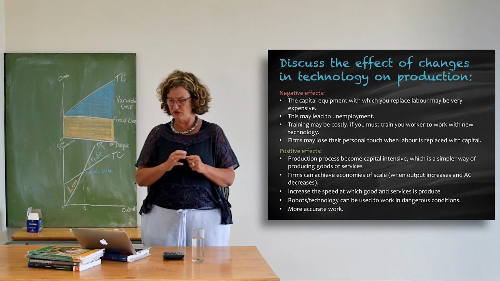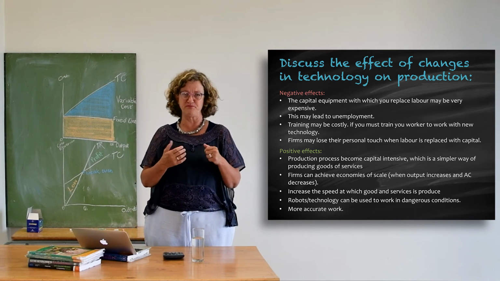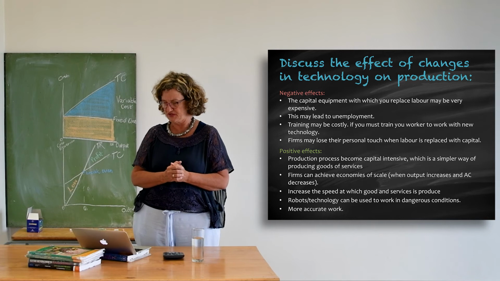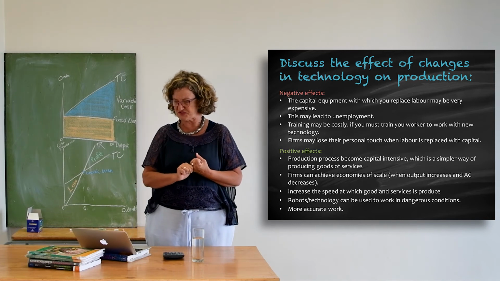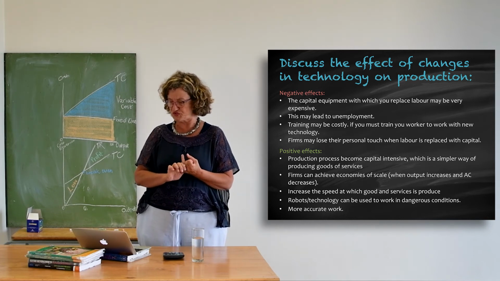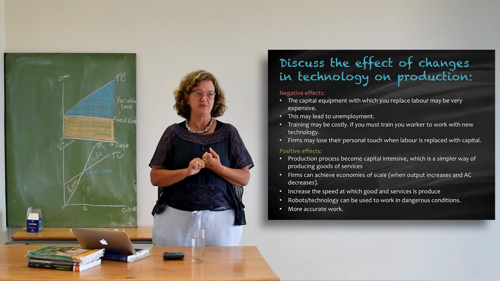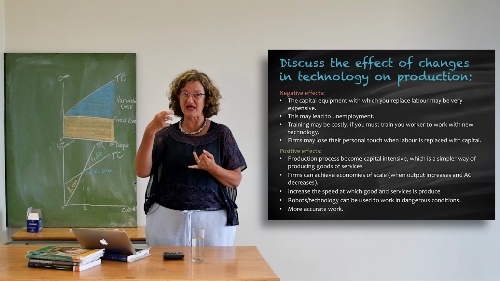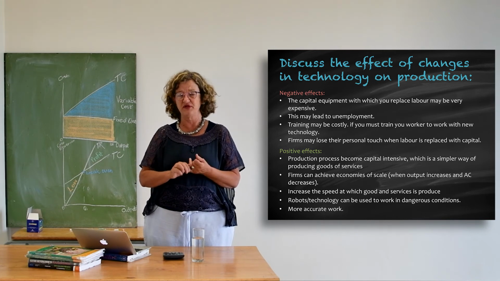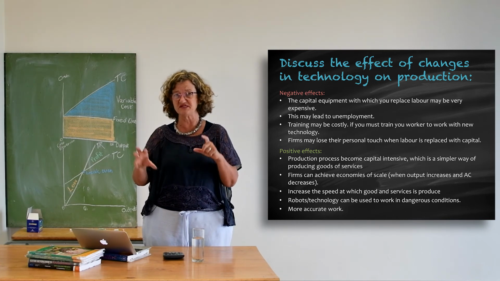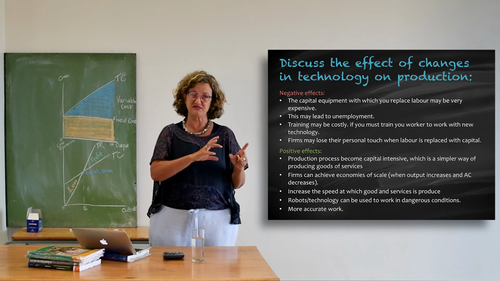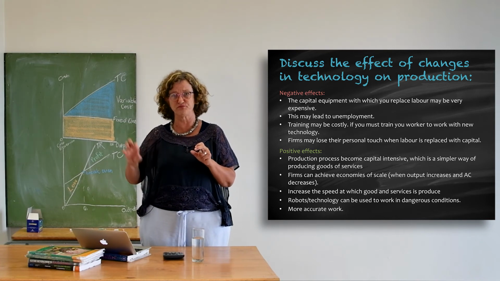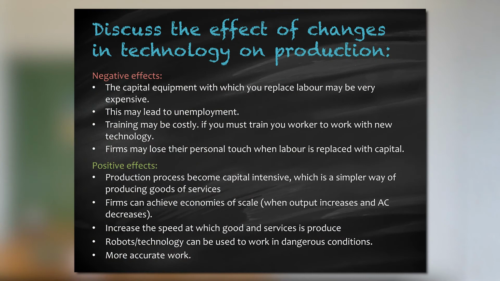Okay, then we can look at positive points of implementing technology. It is like you have said, if you use a lot of technology in your business, you become more capital intensive. Remember what capital intensive means, and labor intensive, that your production process is more handled by machinery and technology.